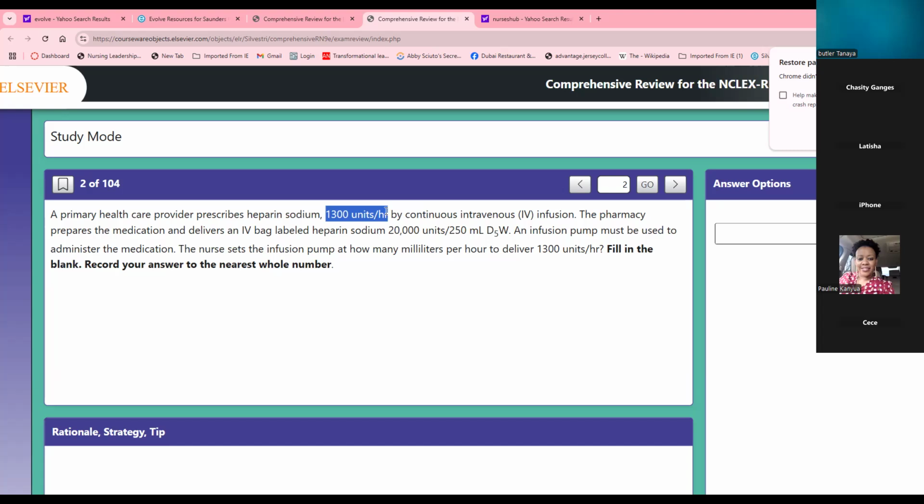All right, so let's go to the whiteboard. This is desired over have, basically, because they're asking you to give a dose. That's your dose, your 1,300 units per hour. So this is going to be really desired over have.